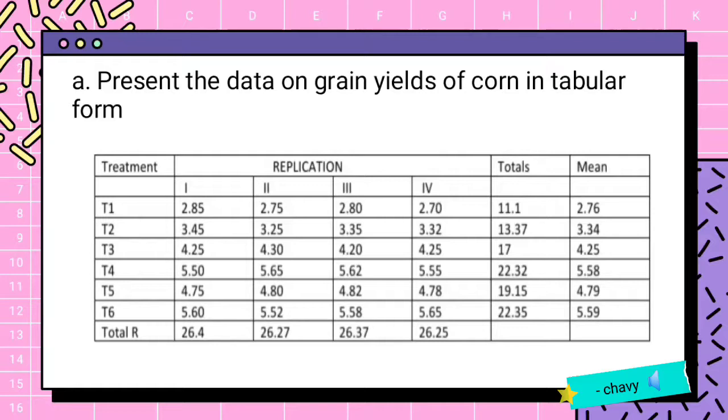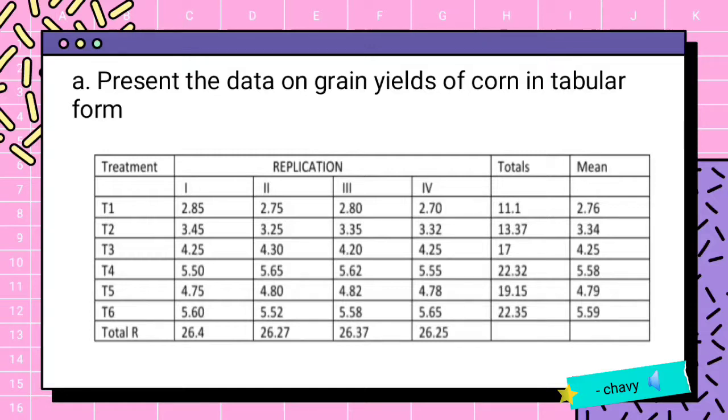So 11.1 divided by 4 is equal to 2.76, 13.37 divided by 4 is equal to 3.34, 17 divided by 4 is equal to 4.25, and so on up to treatment 6, where we have 5.59 as the mean.